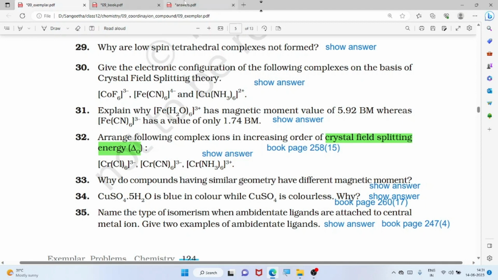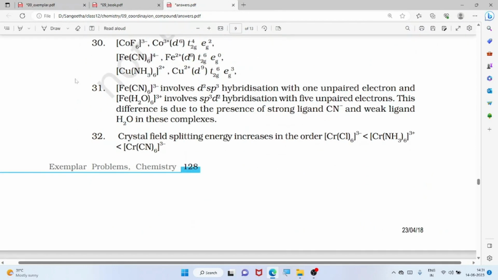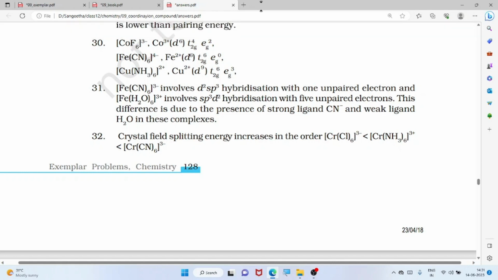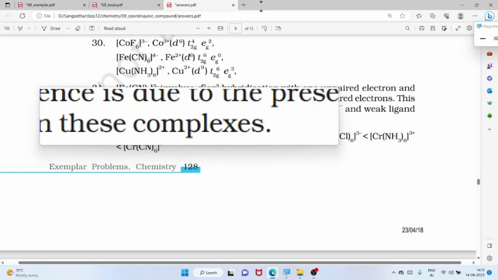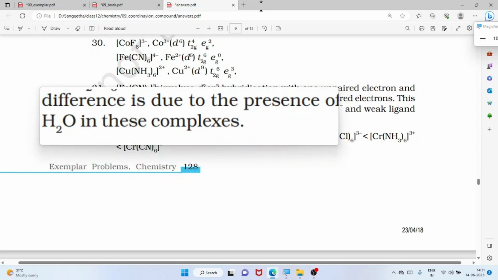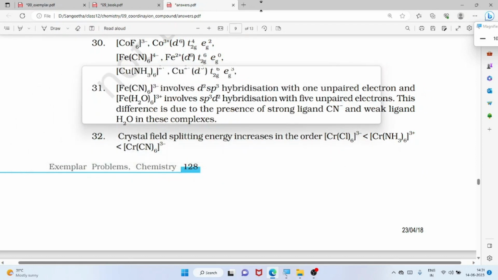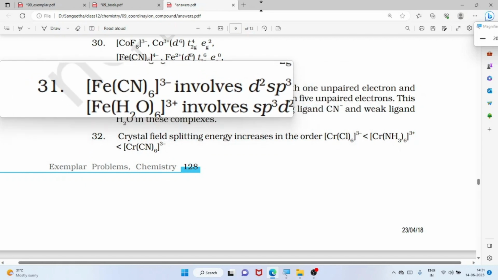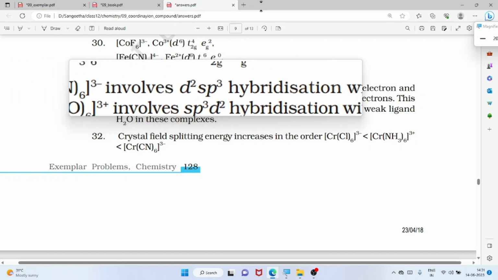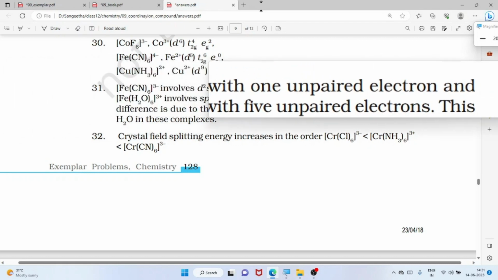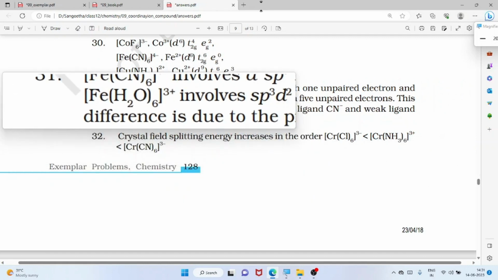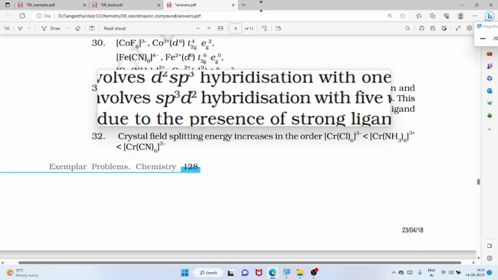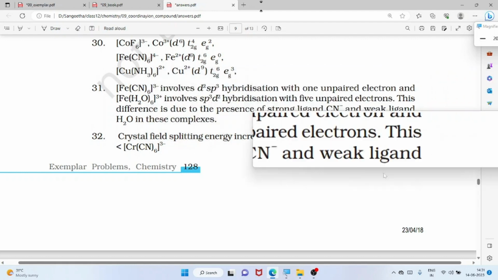31. [Fe(CN)6] involves d2sp3 hybridization with one unpaired electron, and [Fe(H2O)6] involves sp3d2 hybridization with 5 unpaired electrons.